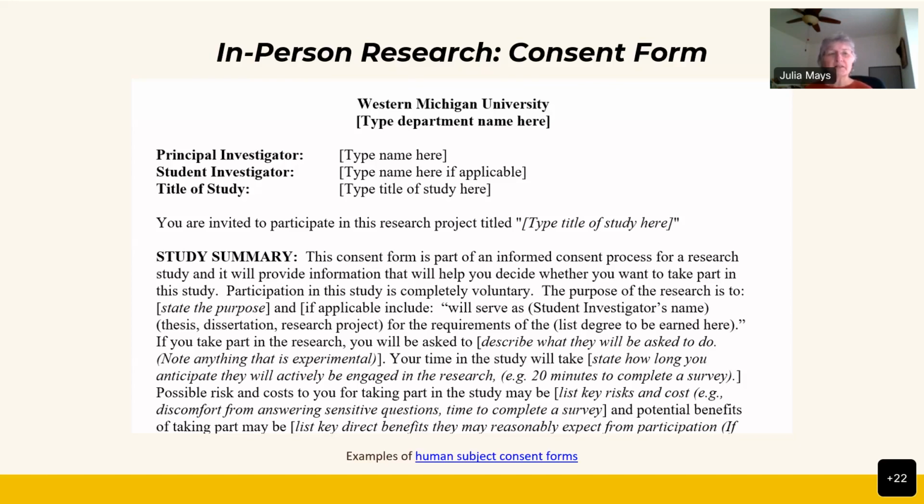But the assent process is you get permission from a parent or guardian, or if they're a ward of the state or something, from that representative. They give them permission, but the individual also has the right to choose. And so that is an assent process. So in that case, you would actually have two documents: that parental permission, for instance, and then the assent for the individual that is under the age of majority.